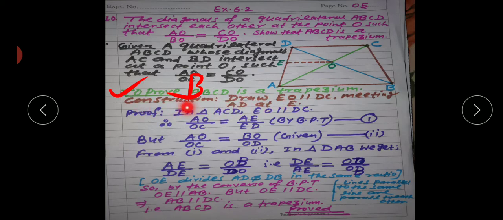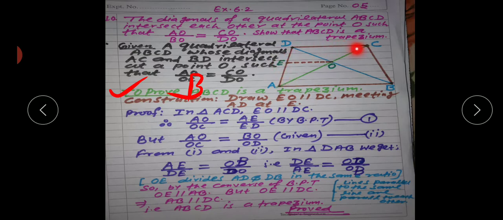So construction is required here. Through O, draw a line EO parallel to DC. In construction, we have to draw a line through O parallel to either DC or AB.